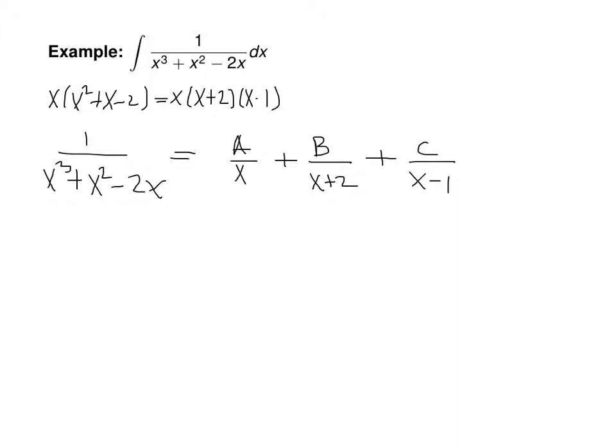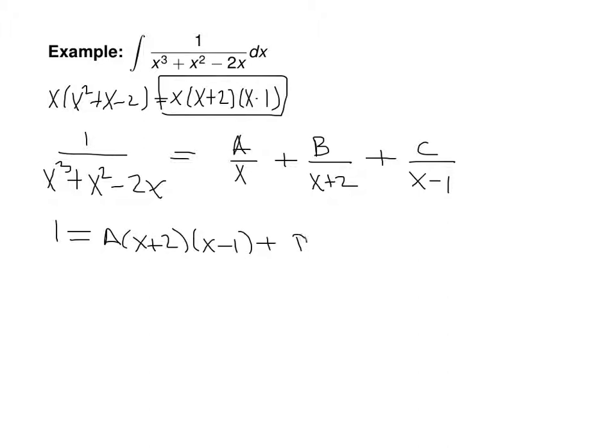Multiplying both sides by the denominator, we get that 1 has to equal a times (x plus 2)(x minus 1), plus b times x(x minus 1), plus c times x(x plus 2).